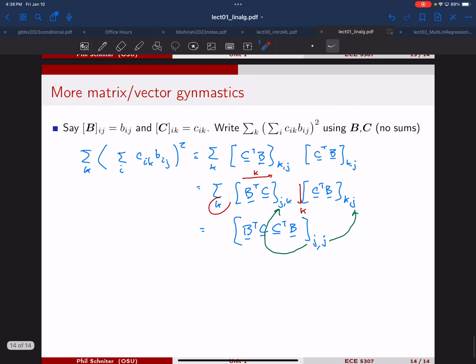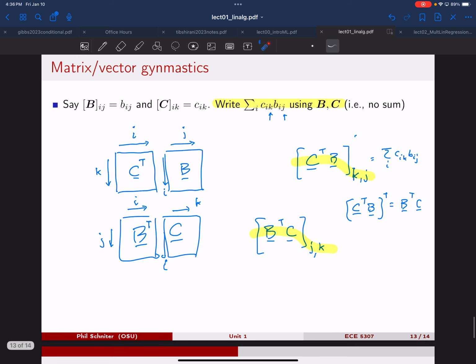All right. So the previous question with C transpose and B, yes, that was the kth row and the jth column, correct? Well, it was the kth row of C and the jth column of B. Actually, it depends. So here it is actually the kth column of C and the jth column of B, right?